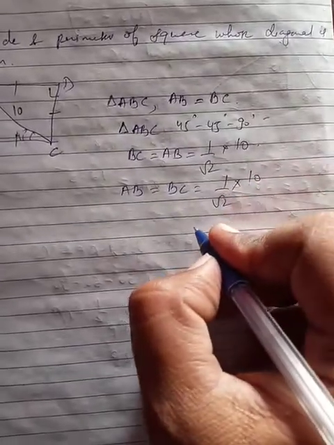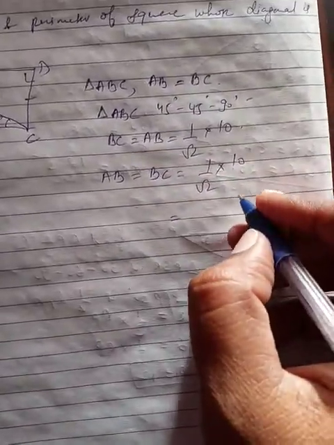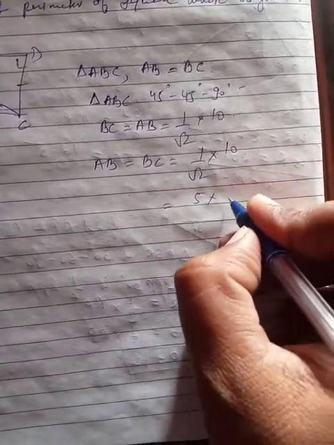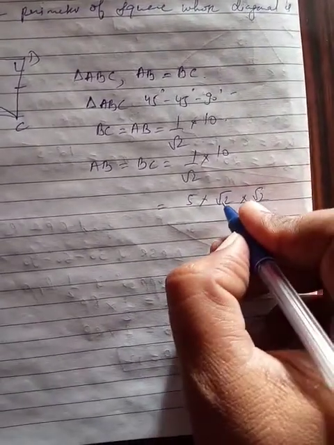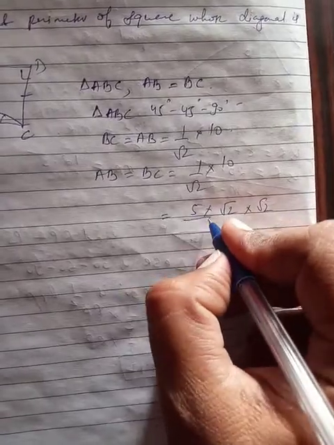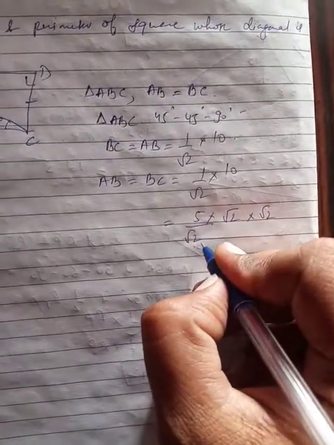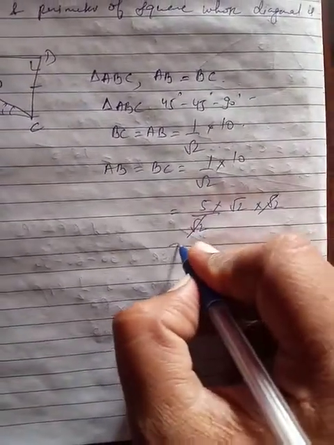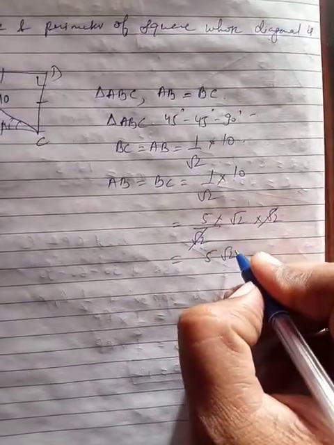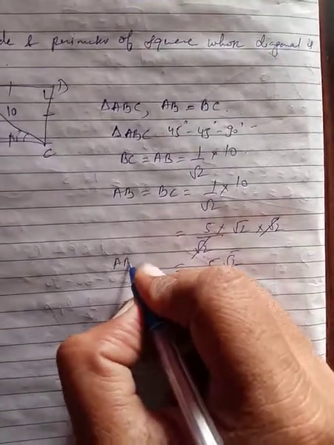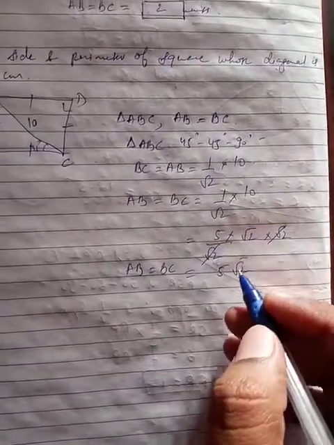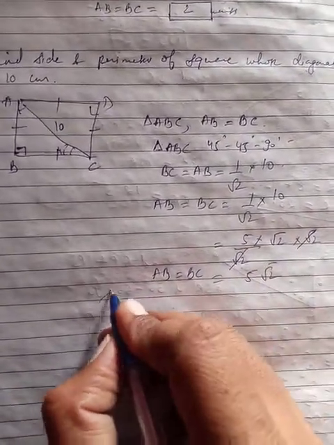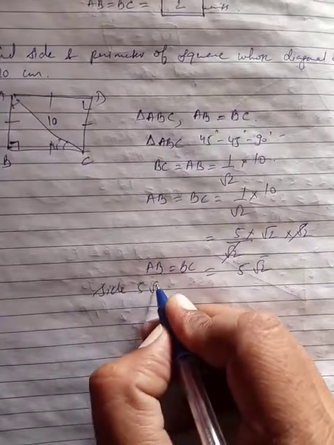So 10 can be written as 5 twos are 10, and 2 can also be written as root 2 into root 2. So 1 by root 2 and root 2 can be cancelled. So 5 root 2 is AB or BC. They both, any one, is equal to 5 root 2. So the side is equal to 5 root 2.